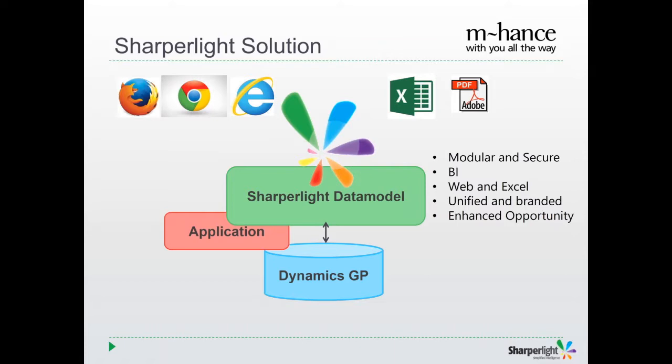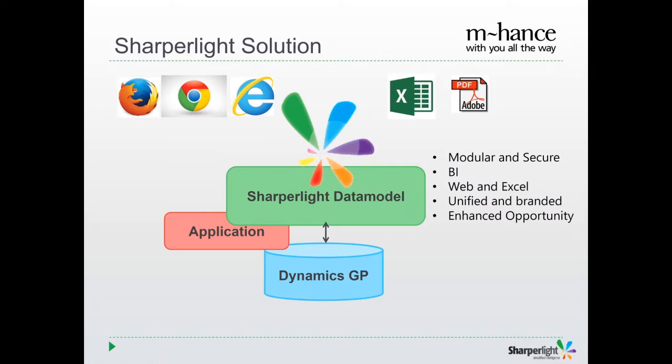It means that the data delivered into Sharperlight and presented on the Excel interface or the web interface is what's in the database. It is a modular and secure configuration.